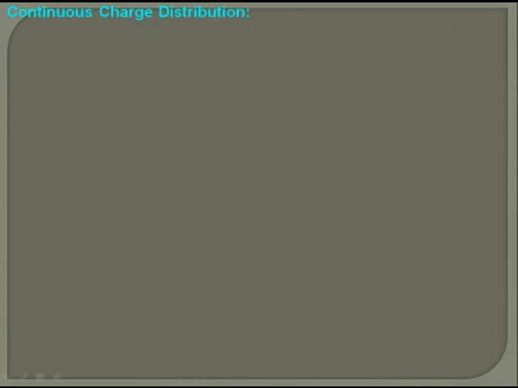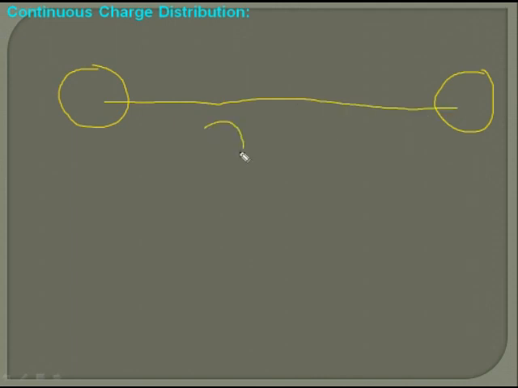Point charge means that if two bodies of very large size are kept at a separation of approximately infinity, then in that condition the two bodies can be considered as point charges. Why do we consider that? Because the size of the body is much smaller than the separation between the two bodies.